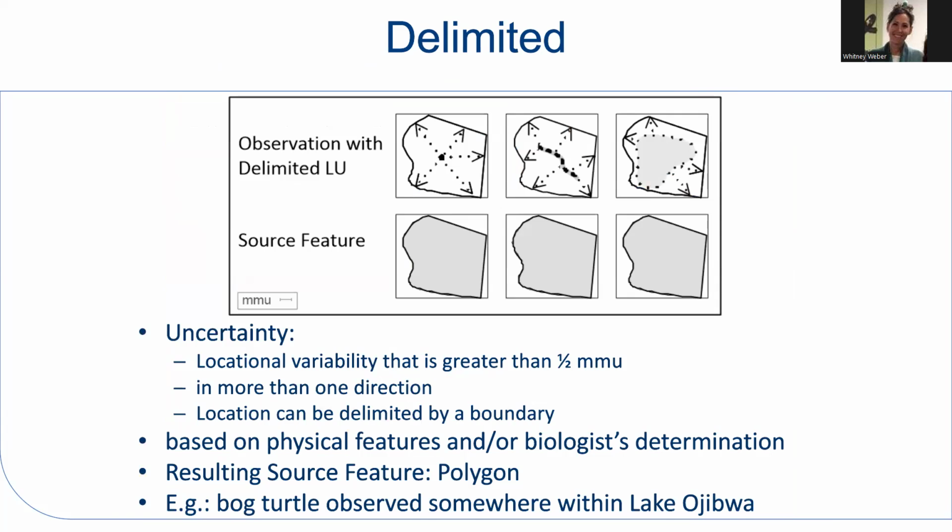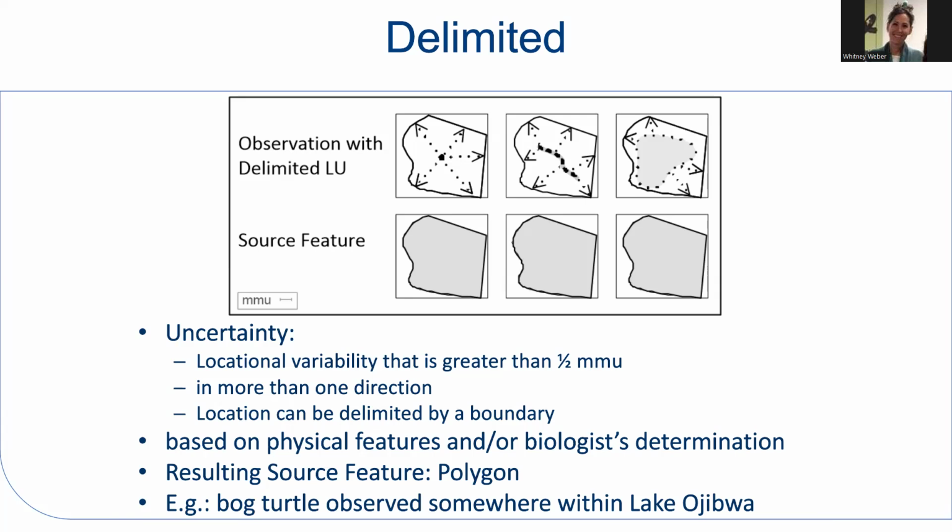For delimited, this is when the locational variability is greater than half the minimum mapping unit in more than one direction, and the location can be delimited by a boundary. So you can easily look at that and delimit the boundary. This could be based on physical features or the biologist's determination. And the resulting source feature in this instance is going to be a polygon.